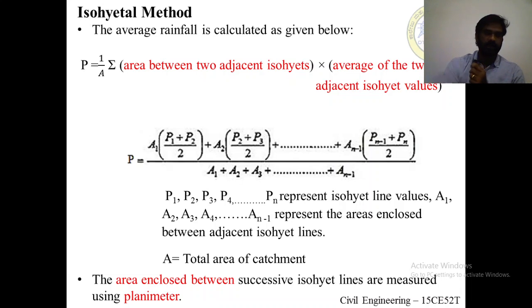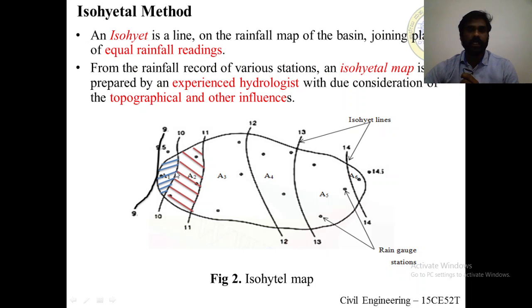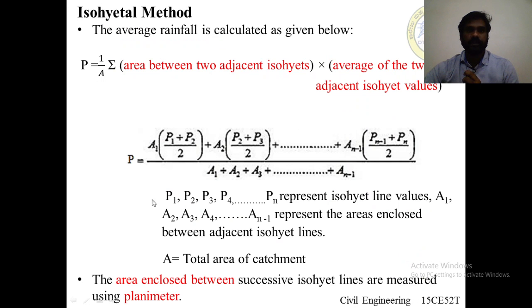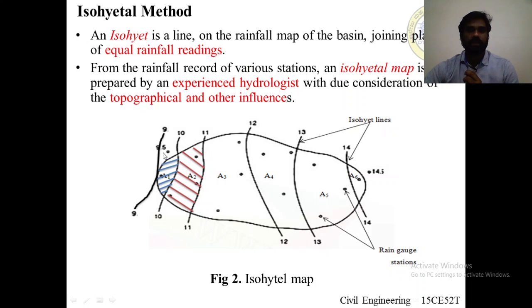In this method, we have to measure the catchment area between the isohyet lines, and multiply this area by the average of the isohyet line values.